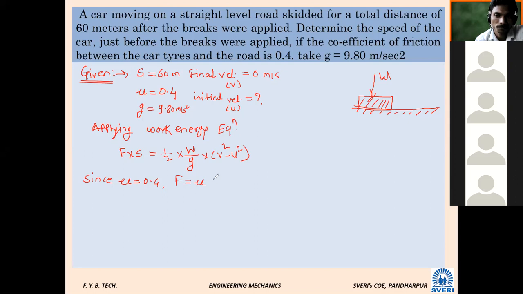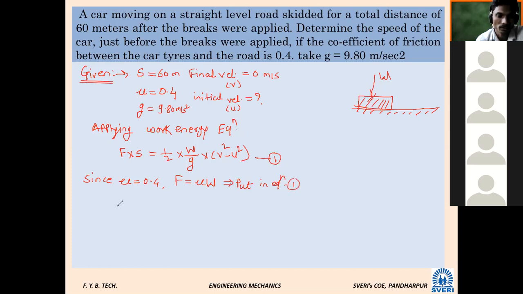Mu W. If there is a reaction, but the body is in motion, we can directly say mu W. Therefore F is equal to mu W. Now put mu W in the given equation 1.